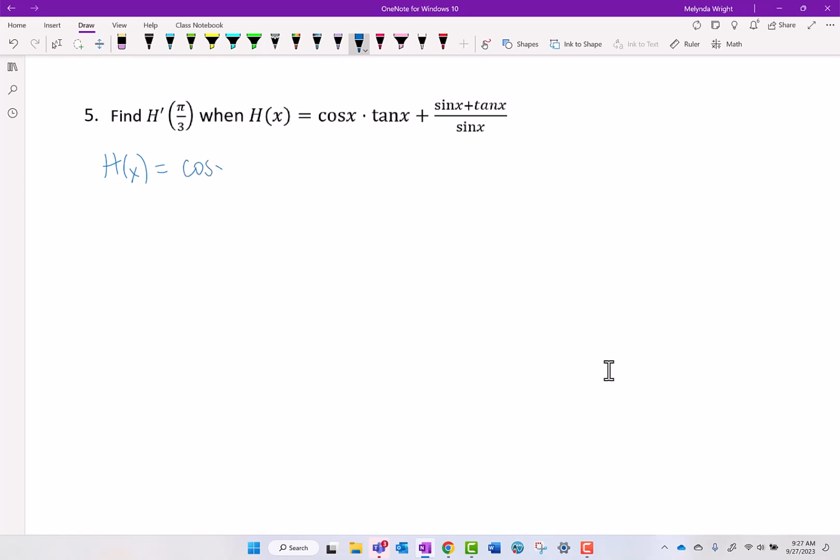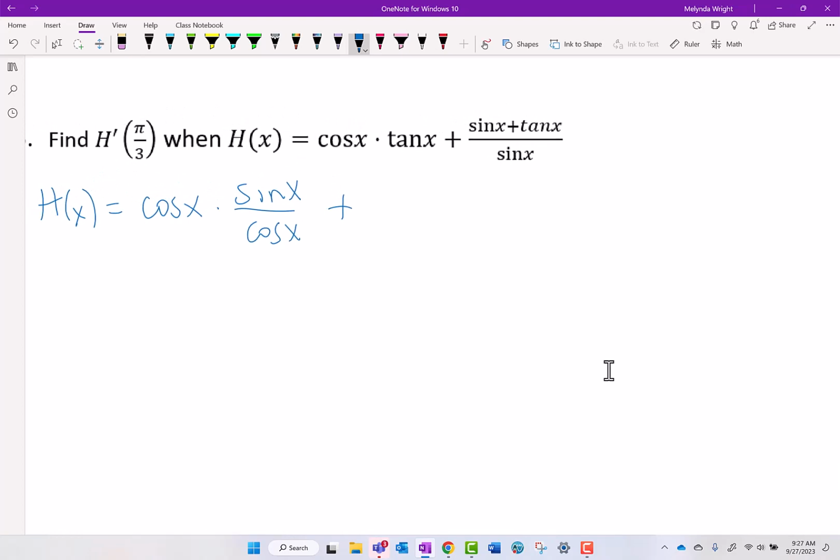So I've got cosine, and I know tangent is sine over cosine. Okay, so I'm thinking there's going to be something nice happening there. Don't y'all agree? When a fraction is set up like this down here, this is called a monomial. Remember from previous years, that's a monomial.